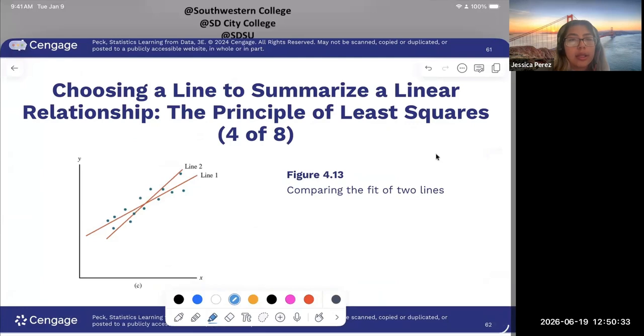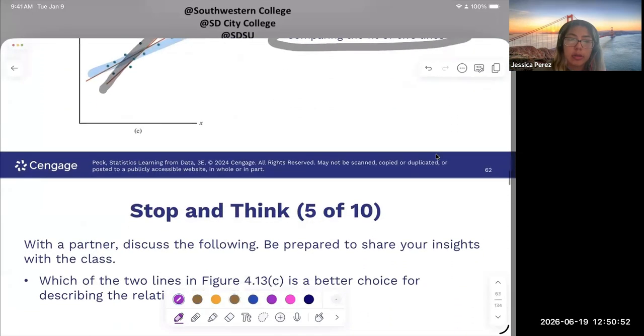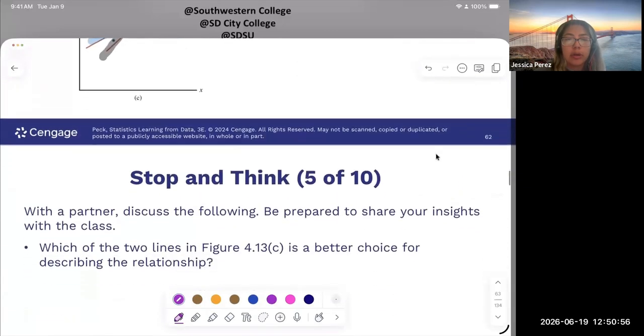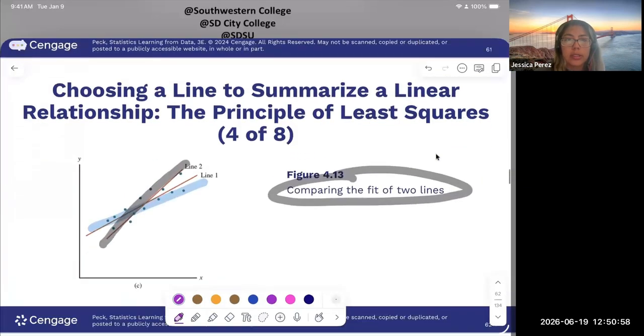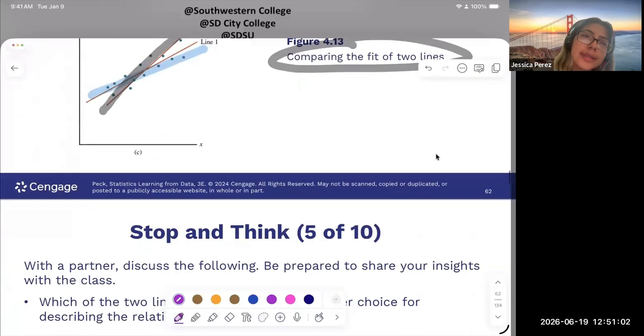Now, what about line 1 or line 2? It's actually difficult, because the points are more clustered around line 1. So you're looking for the points that are more clustered. Which of the two lines in 4.13 are closer? What would be the better choice? They're approximately the same.